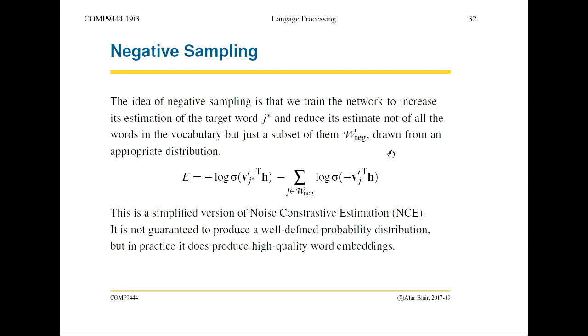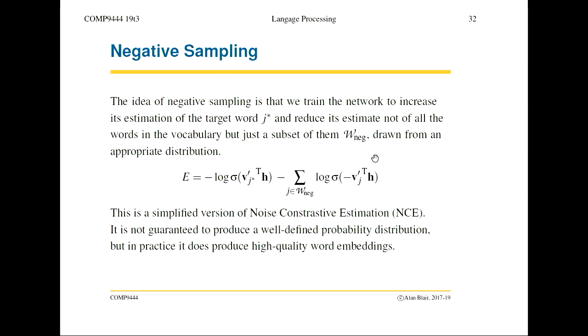So we just choose this subset of words, W neg, and then we try to increase the log of the, again we have this sigmoid activation function.